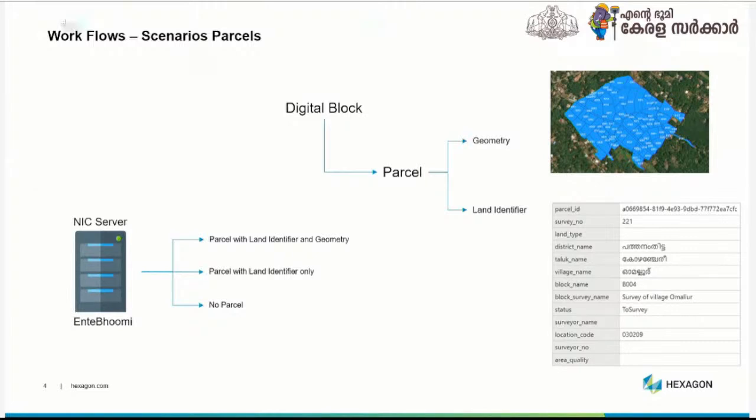We have added the landowner's name, owner's name. That is because when you are selecting, all the data will be accurate. So this is all the data that I am getting from the Ente Bhoomi application. We have now added the owner name also.